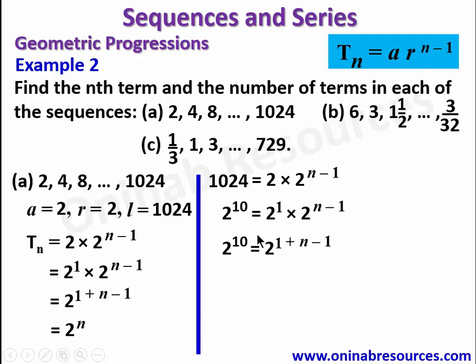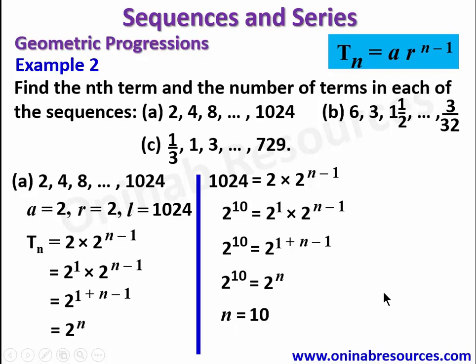Since this is multiplication, this will now give us 2 raised to power 10 equal to 2 raised to power n, since if you collect the like terms, 1 minus 1 gives 0, then plus n gives n. So from here, since the bases are equal, therefore the indices are also equal. So we have n equal to 10. So we are done with example 2a. We've found the nth term, which is 2 raised to power n, and the number of terms is 10.